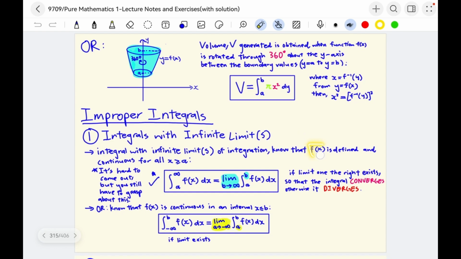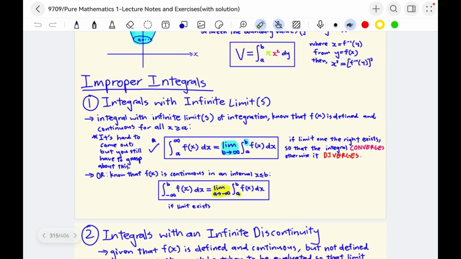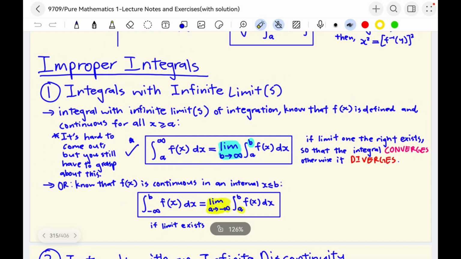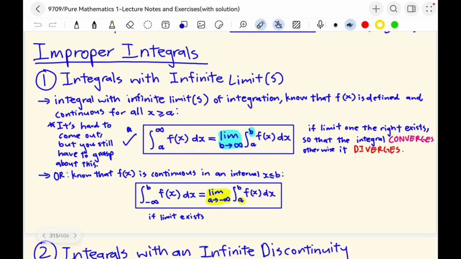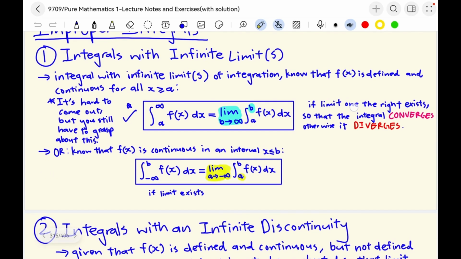Knowing that f(x) is defined and continuous for all x greater than or equal to a. Okay? So this subtopic is not likely to come out, or it's hard to come out, but you still have to grasp this concept. Alright? Somehow in engineering, it is one of the applications that you should utilize.